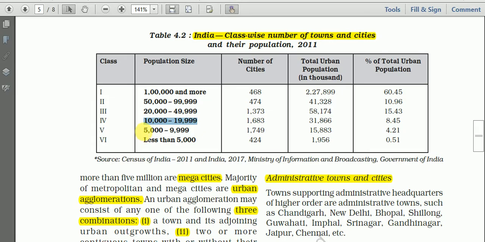Class 5, 5,000 to 9,999, and class 6 town, less than 5,000 population. And if we see this 4th column, this column shows the number of cities. We have 468 class 1 cities or towns in India.